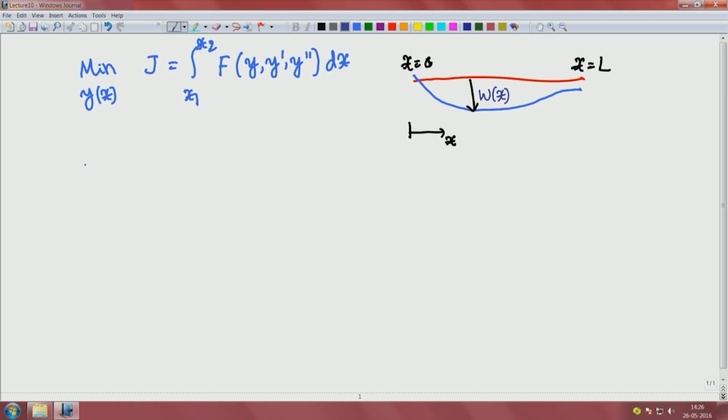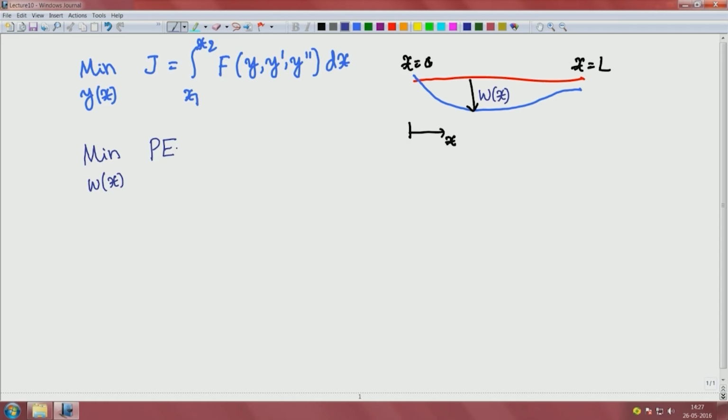So, like we have written this minimization problem, now we say minimize with respect to w of x, that is the function that we do not know. Instead of J we have the functional which is the potential energy, because you may recall that variational methods are also called energy methods.